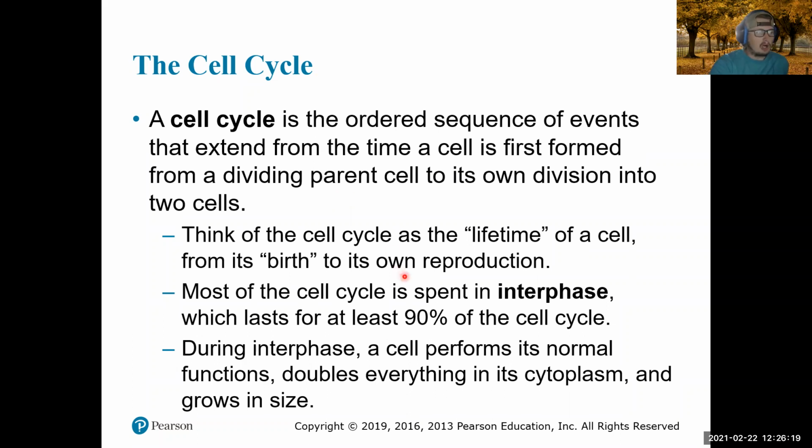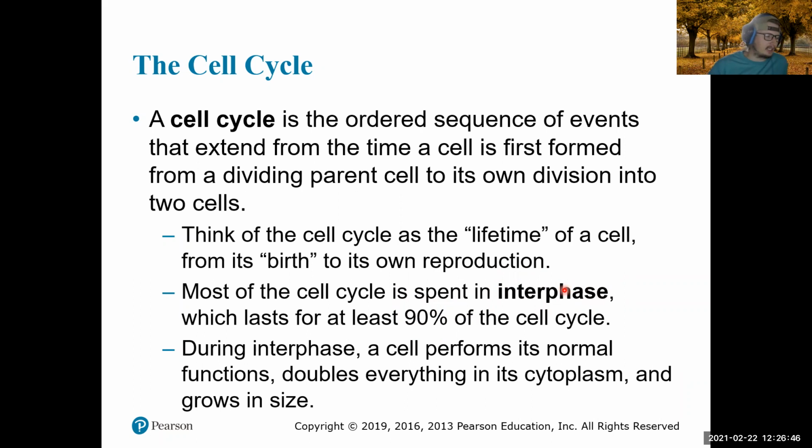Okay. Most of the cell cycle is spent in what's called the interphase. This is 90% or so of the cell cycle. Interphase is made up of three separate phases, and we'll talk about those in a little bit. Basically, during interphase, the cell performs its normal functions, so its normal cellular processes, such as cellular respiration.